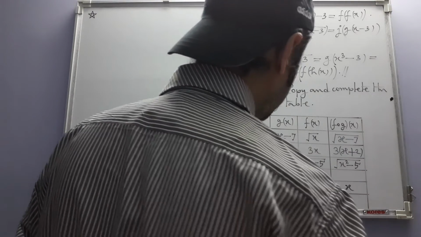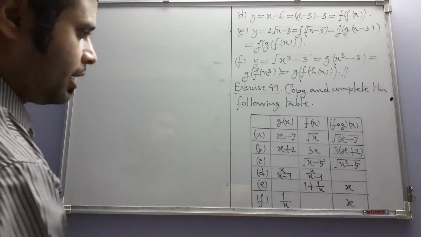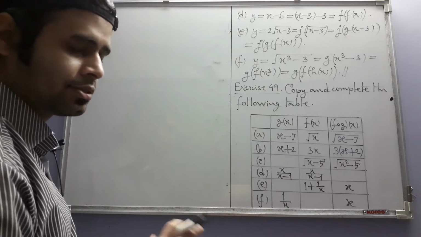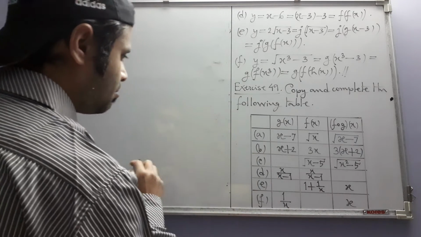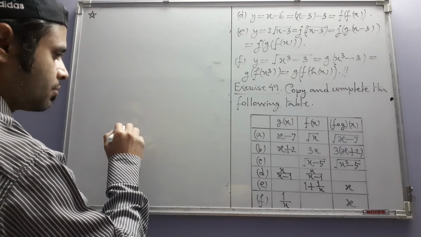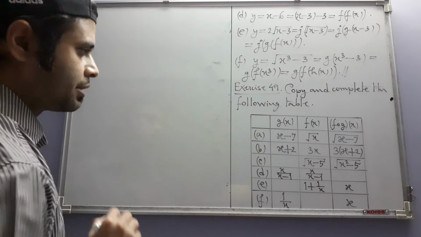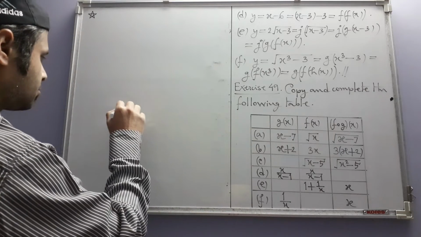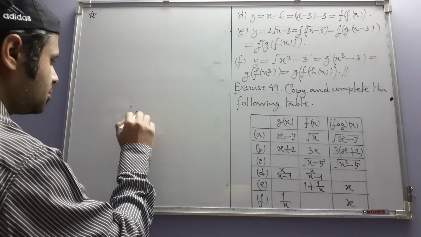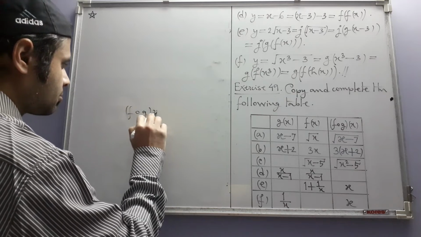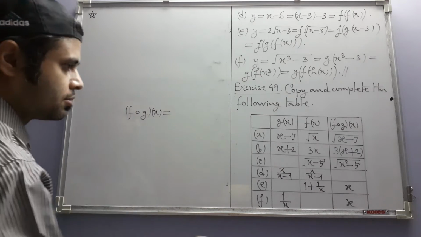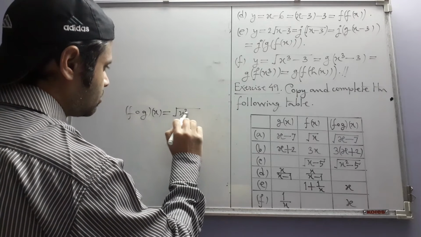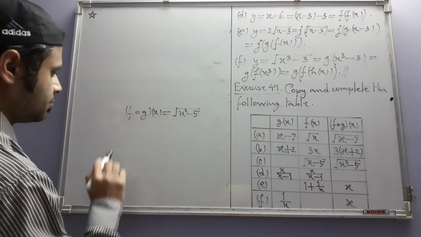Okay, this one seems a little tricky, but we can figure this out also, not just by assuming something randomly. You don't know what g is, however you know f composition g of x is this, square root of x squared minus 5.